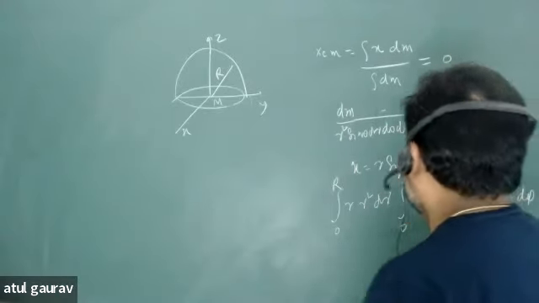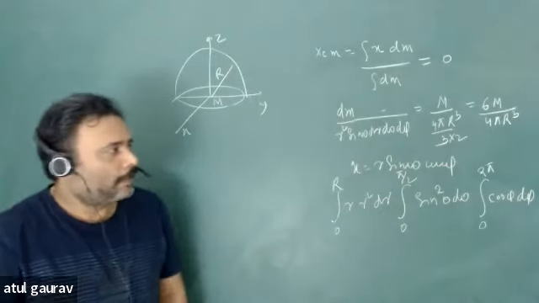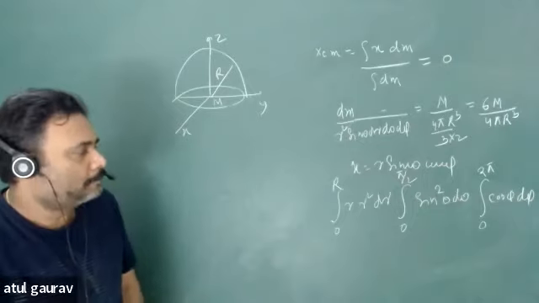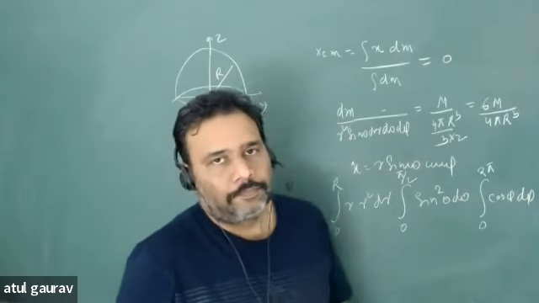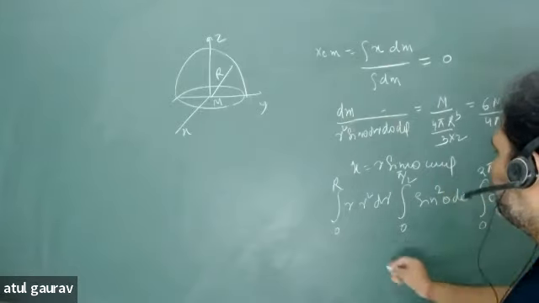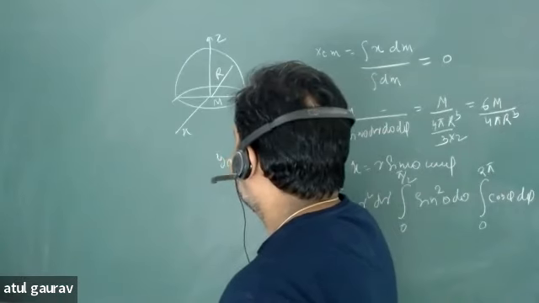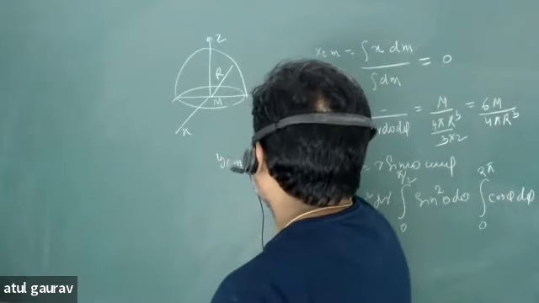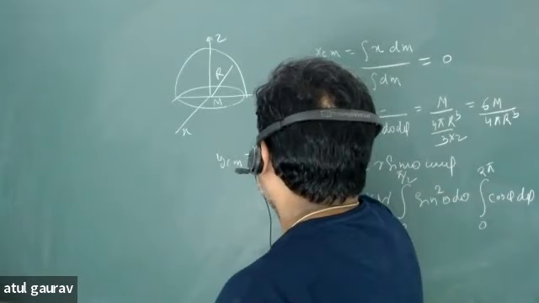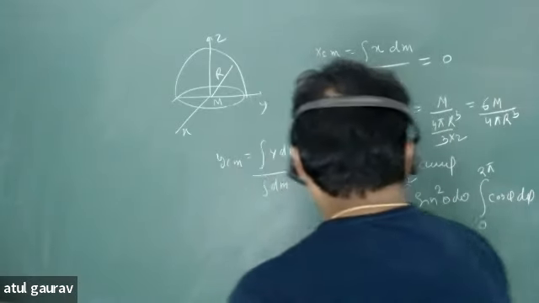What will be ycm? What will change in ycm? Sin phi d phi. If you are writing for ycm, then this will be y dm upon dm. And what is y here?